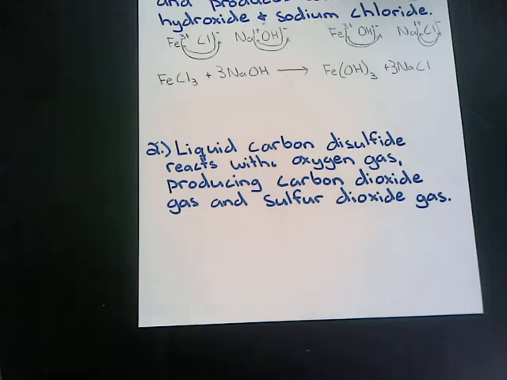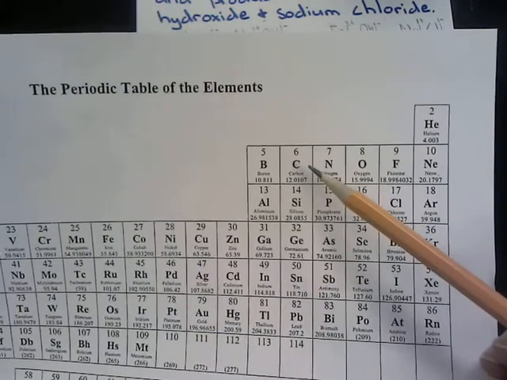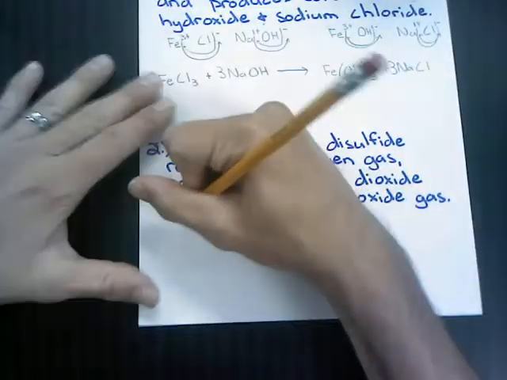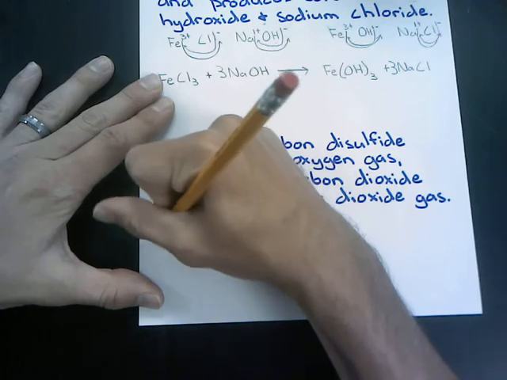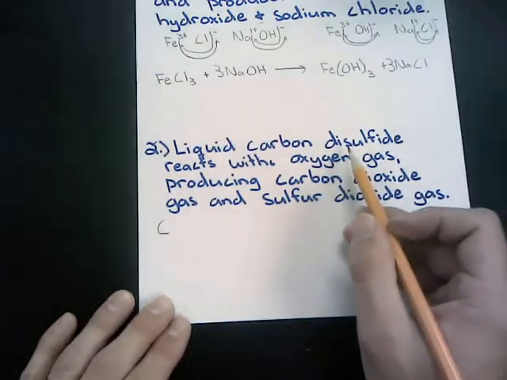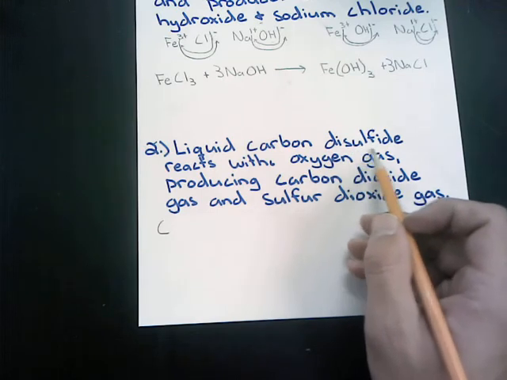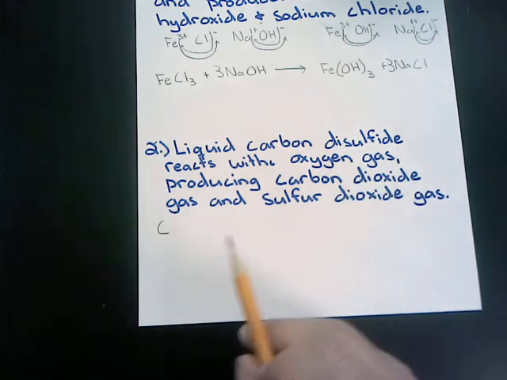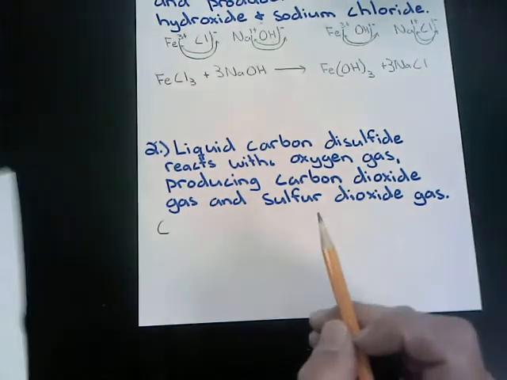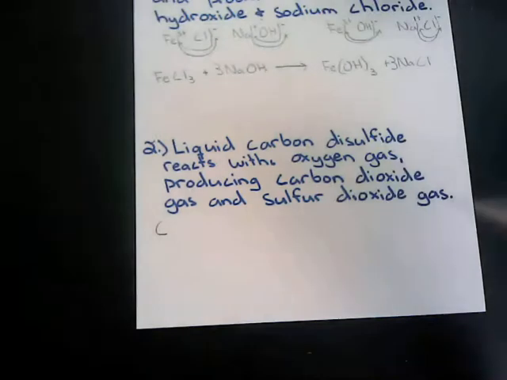Carbon we can find on the periodic table, and carbon has the symbol of C. So first thing we do is write down the symbol for carbon, which is C, and then disulfide. Di is a prefix. We're not going to find sulfide on the periodic table, but what we'll find is sulfur. Sulfur is represented by an S.